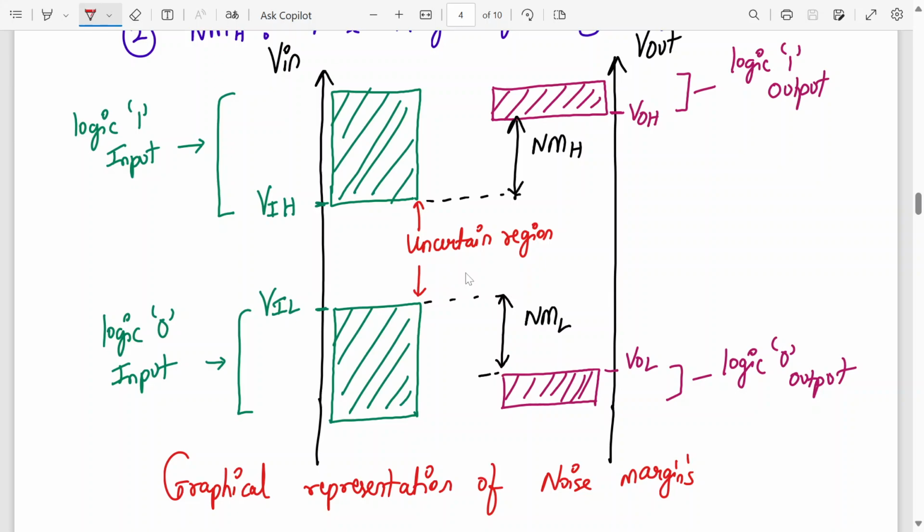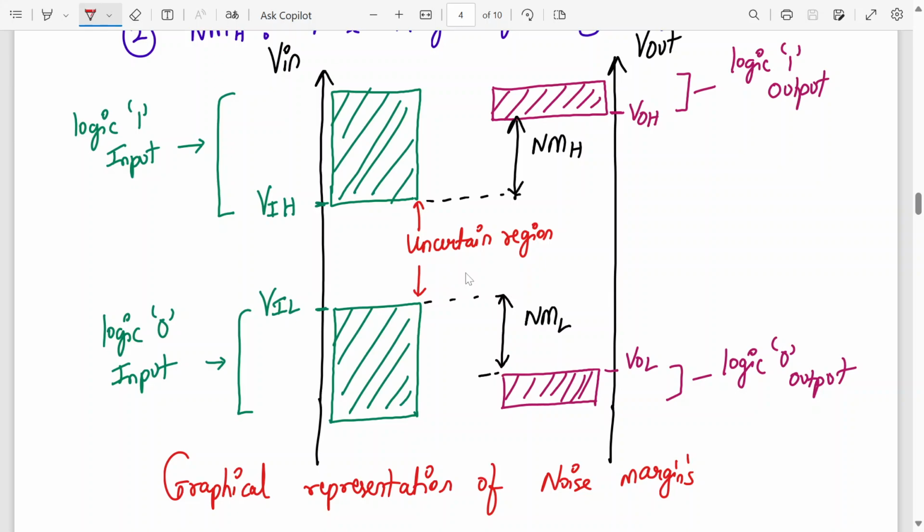What if VOH is equal to VDD? Yeah, fine, its limit is up till here only. VOH, yes, it can be. If VOL is equal to 0, yes, it will stop over here. Yes or no? So, as you rightly said, output ranges are very small. The logic 1 input range is larger.